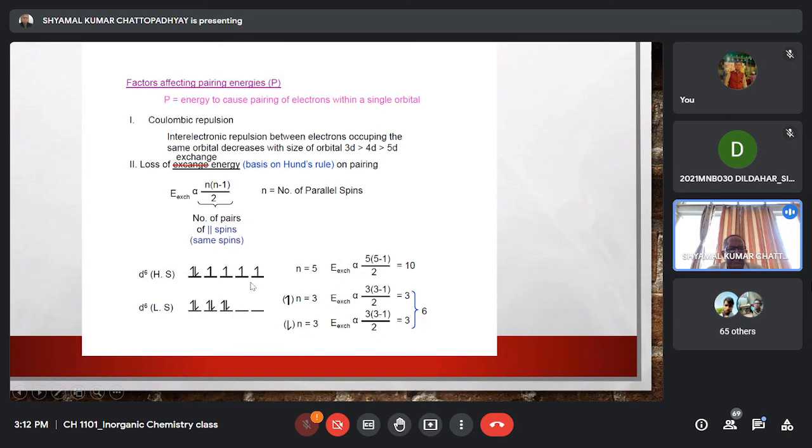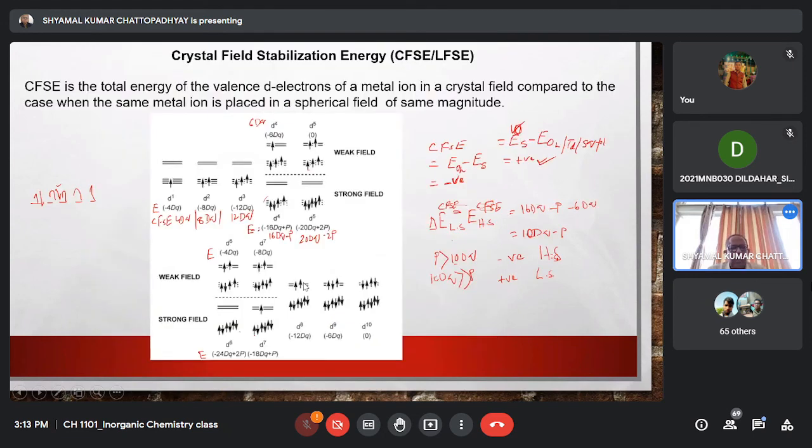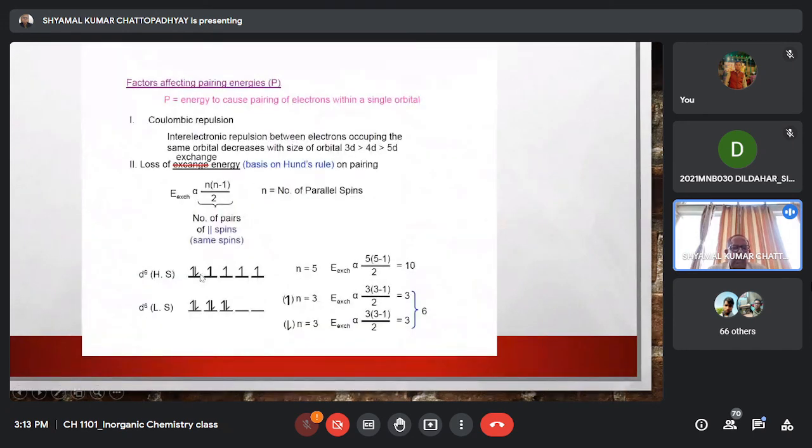Suppose we have a d6 high spin. Now in case of a d6 high spin, as you can see here, 1, 2, 3, 4, 5, we have five electrons with upspin, and one electron with downspin. Since 5 electrons are with upspin, they can undergo exchange between themselves. Whereas Coulombic repulsion is a classical phenomenon, exchange energy is a quantum phenomenon, found according to quantum mechanics.